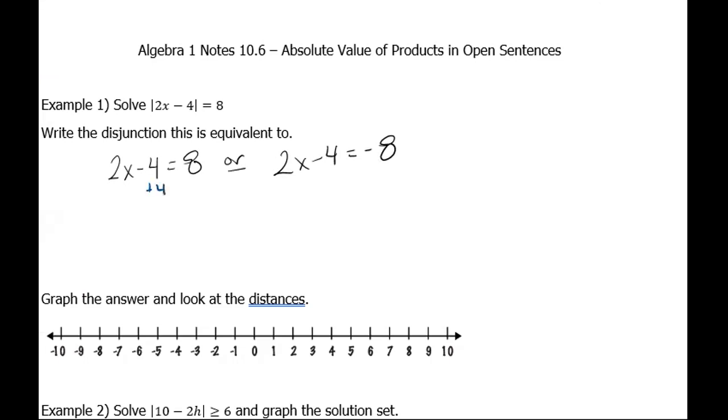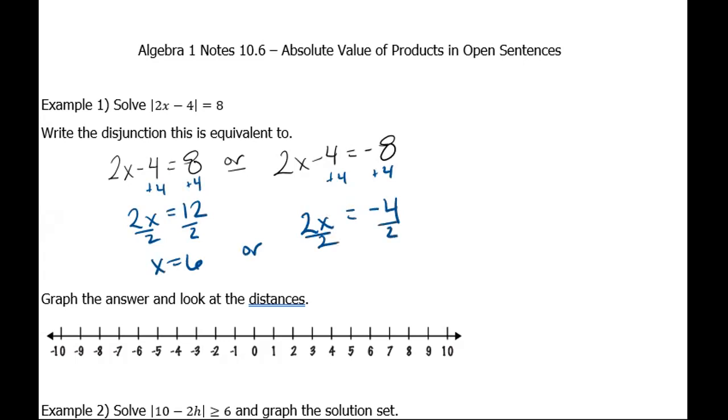If we add 4, 2x is equal to 12, divide by 2, x is equal to 6, or over here, negative 8 plus 4 is going to be a negative 4. So 2x is equal to negative 4. I divide by 2. It's an equal sign, so I'm not flipping any direction. And it's this.